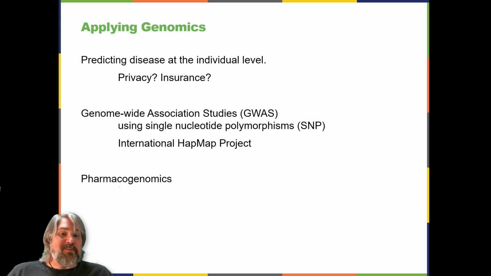The GWAS method relies on a genetic database that has been in development since 2002 called the International HapMap Project. The HapMap project sequenced the genomes of several hundred individuals from around the world and identified groups of SNPs, the single nucleotide polymorphisms. The groups included SNPs that are located near each other on chromosomes, so they tend to stay together through recombination.